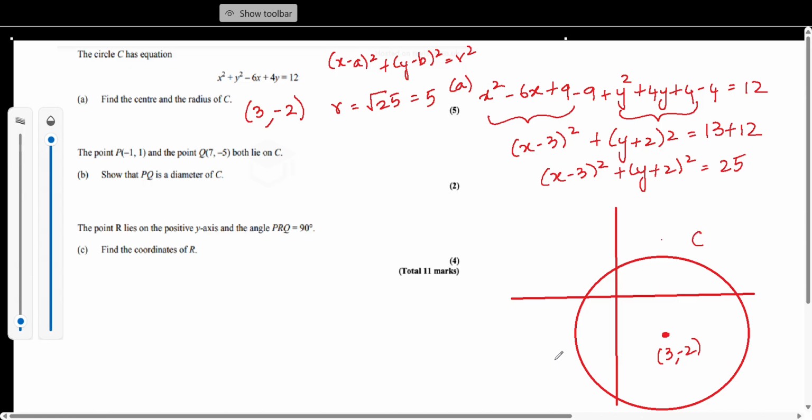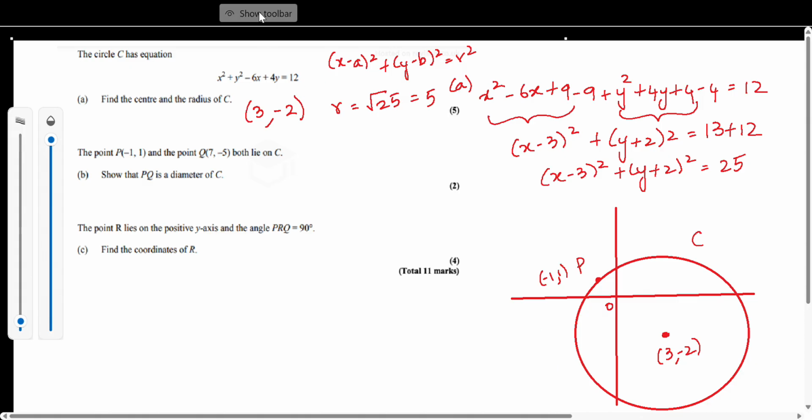It says (minus 1, 1). This is the origin, so it should be somewhere here. So this is P, (minus 1, 1). Q is (7, minus 5), probably somewhere here.